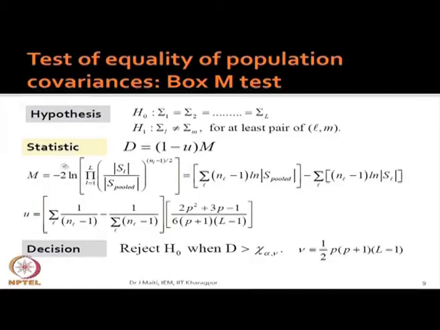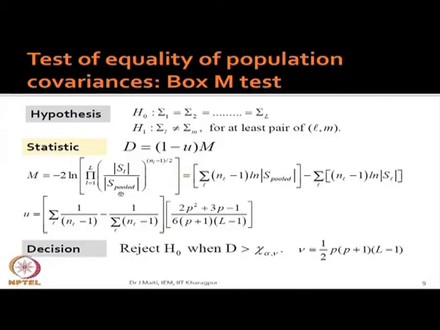In the slide you see that M is minus 2 log of the product over L equal to 1 to capital L of the determinant of S L by S pooled, to the power N L minus 1 by 2. This is the ratio S L by S pooled.